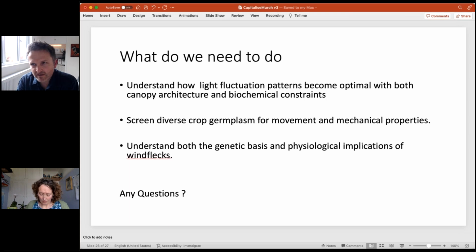I think the key is to optimize the sequence, the patterns of light, the frequency and duration of light, alongside those biochemical improvements. And the thing about senescence, I think, is correct, because there's this program of senescence and remobilization of nutrients going on at the same time.